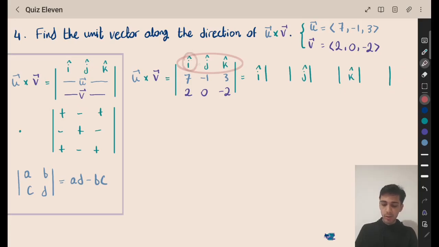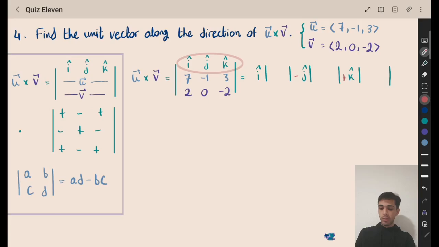Here our i is in the upper left corner, so it takes a positive sign, positive i, which is just i. As for j, it is right here, therefore it takes a minus, and finally for k it takes a plus.